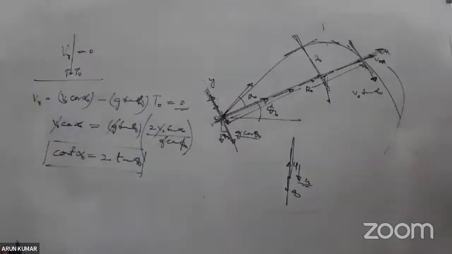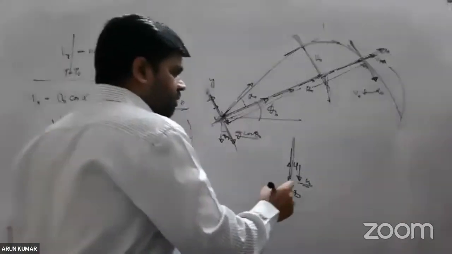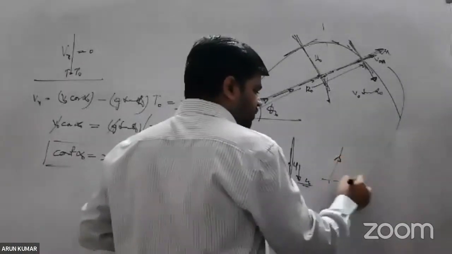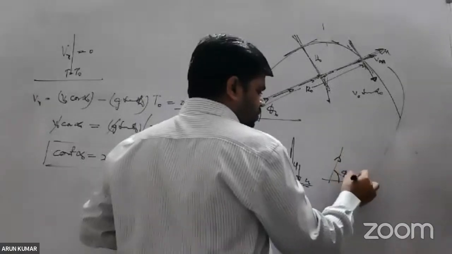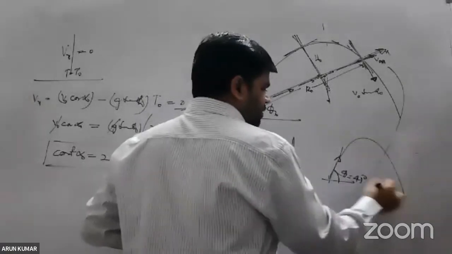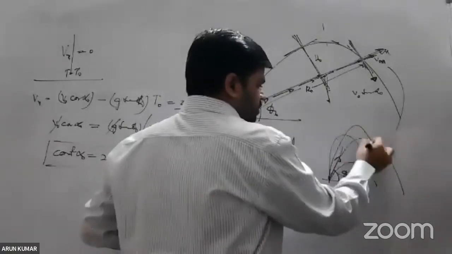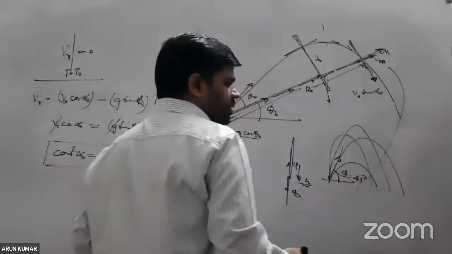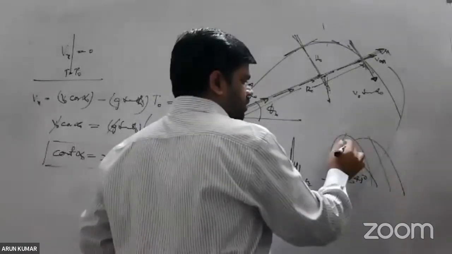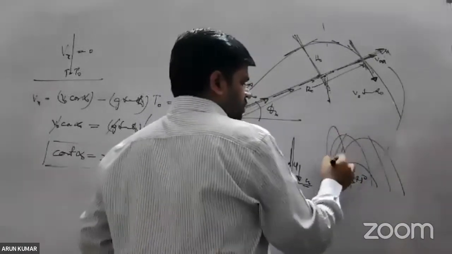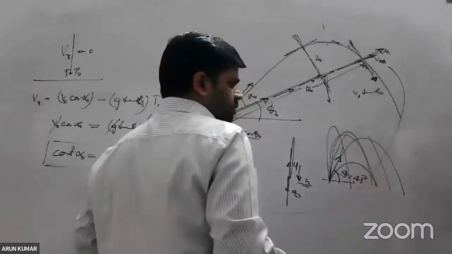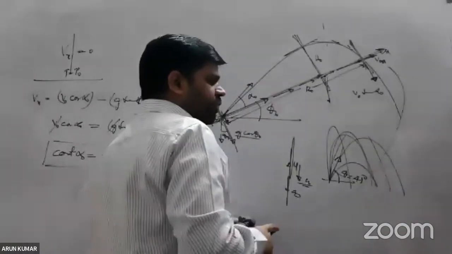Yeah. Next. But now we got a range formula. If I want to find the maximum range in the oblique case, maximum range is when theta is equal to 45. I get maximum range. For all other thetas, range is going to be lesser than that corresponding to 45.